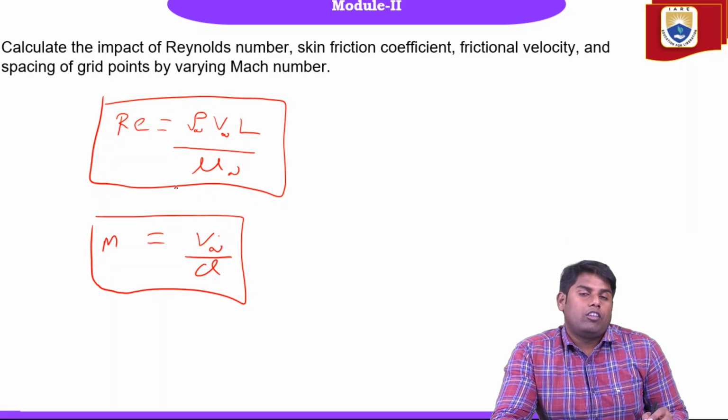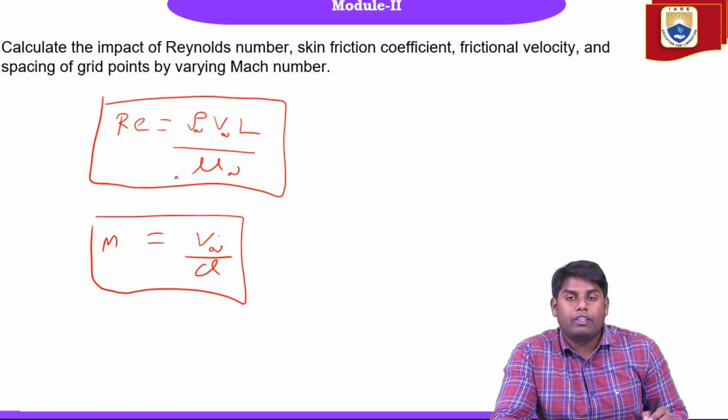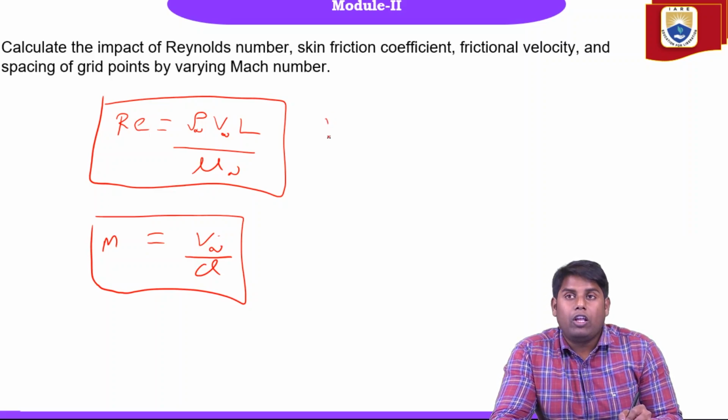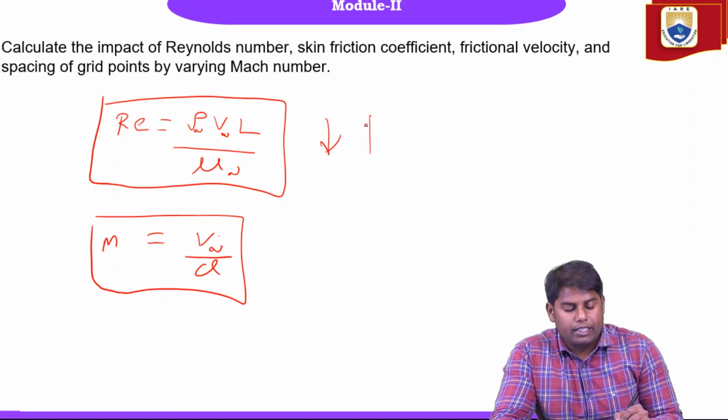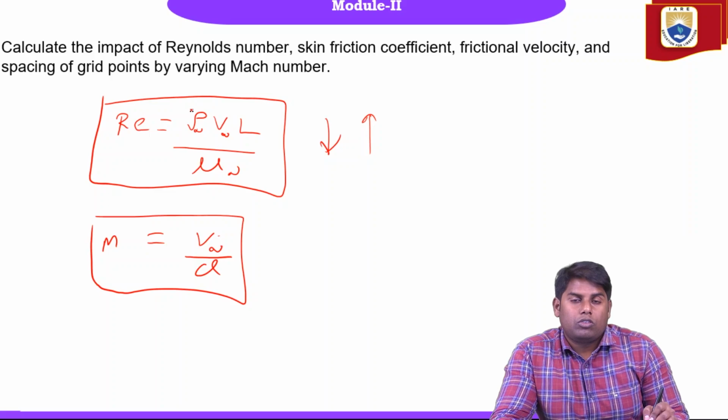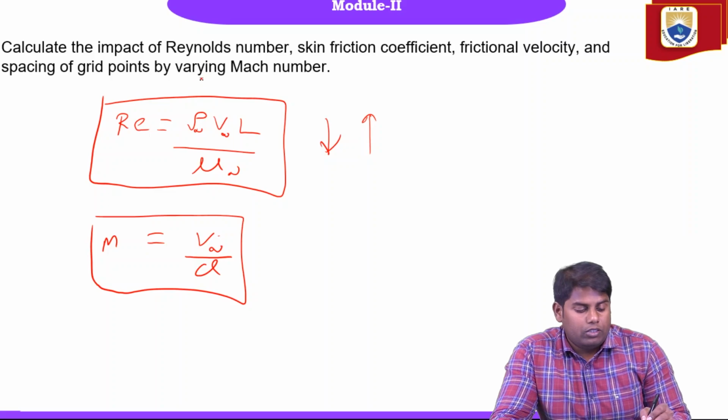Next, if we vary the Reynolds number, what happens? Let's say the Reynolds number is low, or high. If the Reynolds number is low, it can happen in two ways. For a given body, either we decrease the density of the flow or decrease the velocity of the flow.